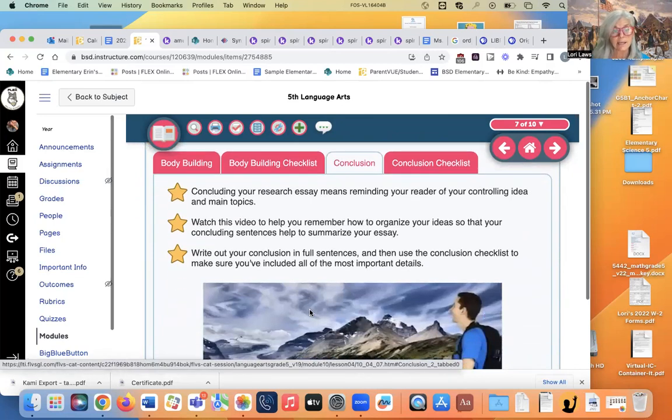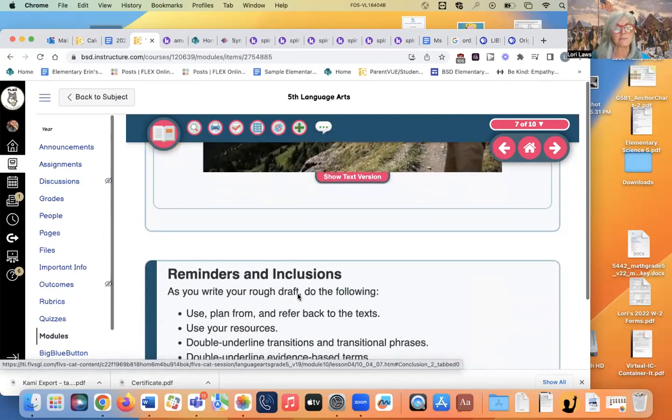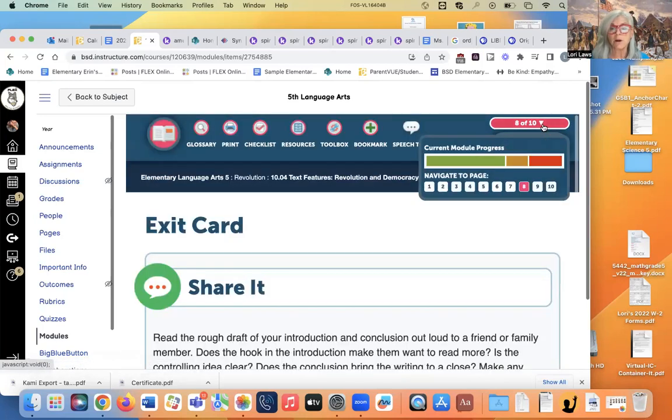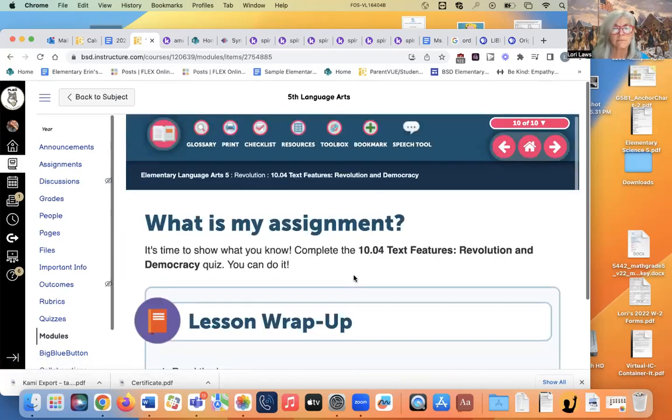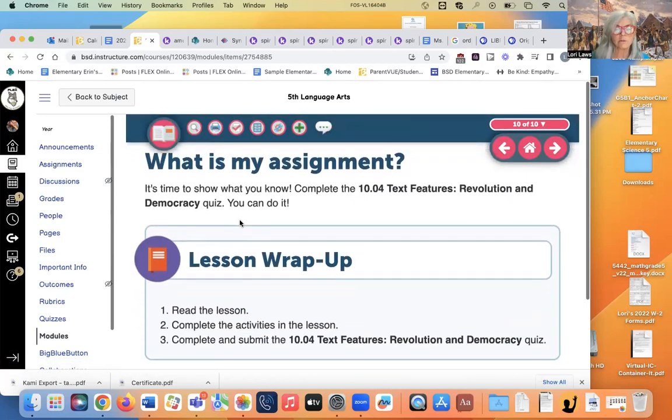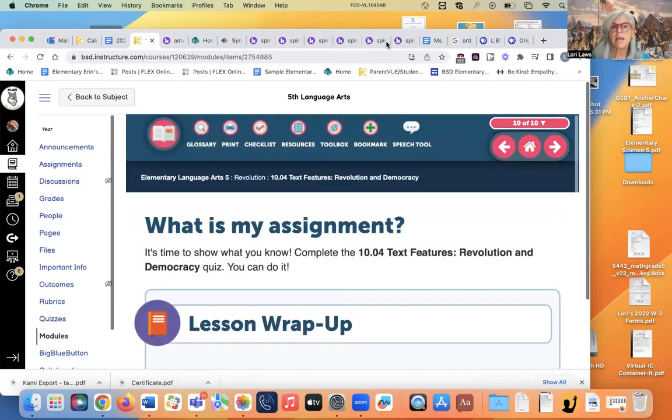Like I say, they go through the whole essay in 2 pages. So if you're having trouble writing your essay, I really recommend you spend some time on these pages reading through them. At the end of the unit tomorrow, it's got a quiz: 10:04, text features, Revolution and Democracy quiz. You can do it. Any questions about what we're doing with language arts today?